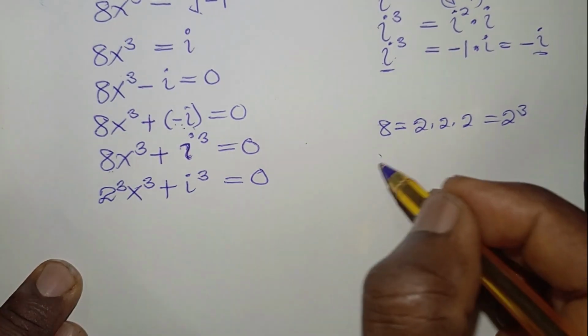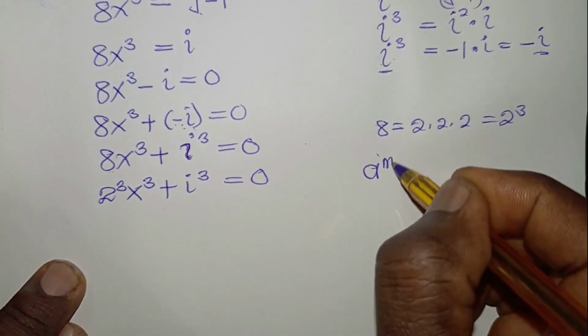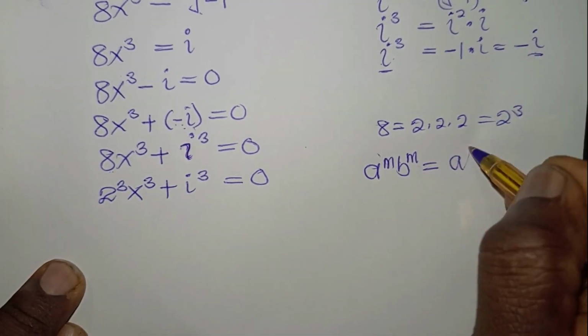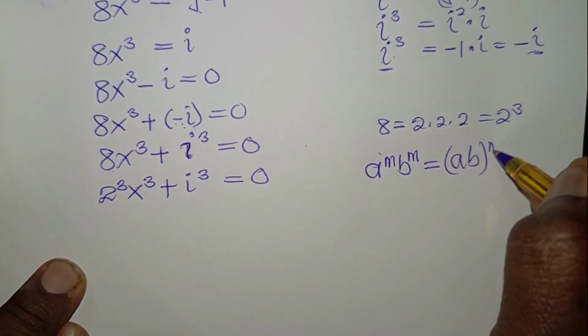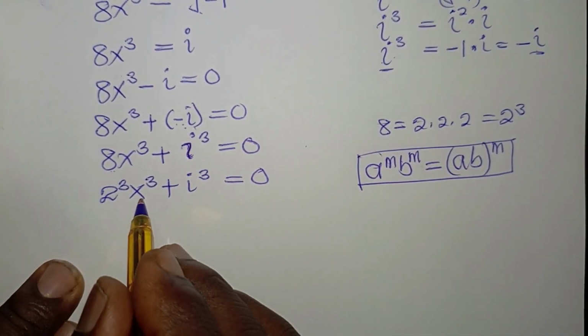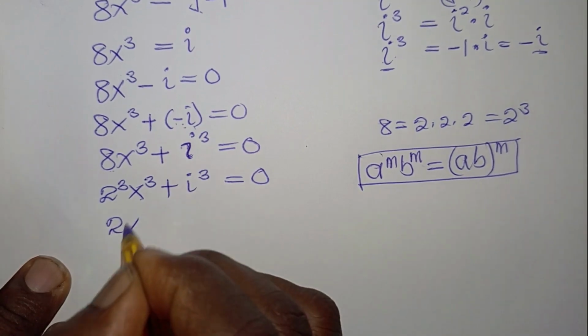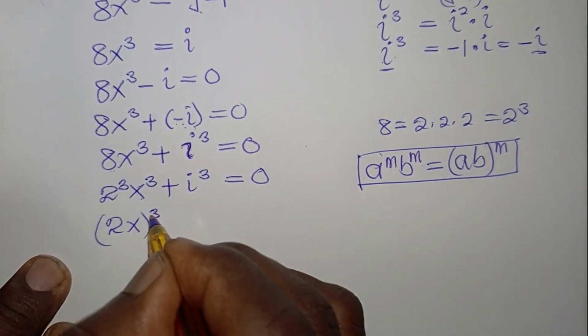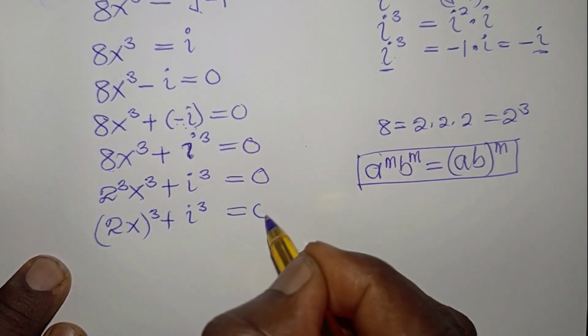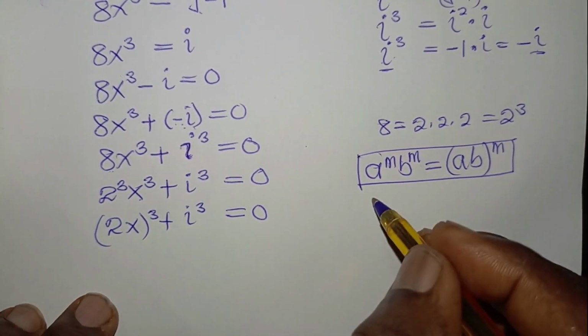So let's look at this rule. If you have a to the power m multiplied by b to the power m, it is equal to ab raised to the power m. So we are going to apply this rule. So this can be written as 2x raised to the power 3 plus i raised to the power 3 equals 0.